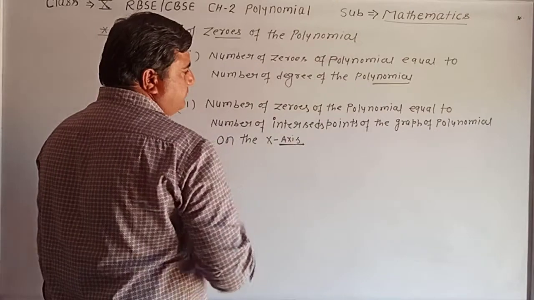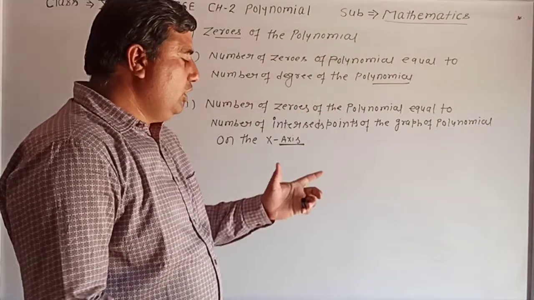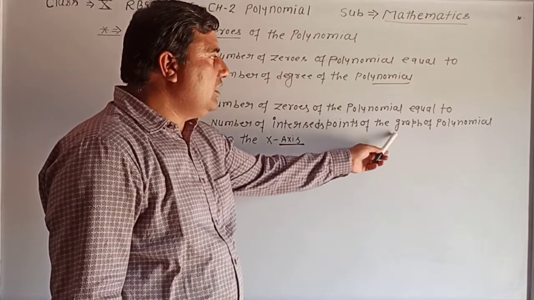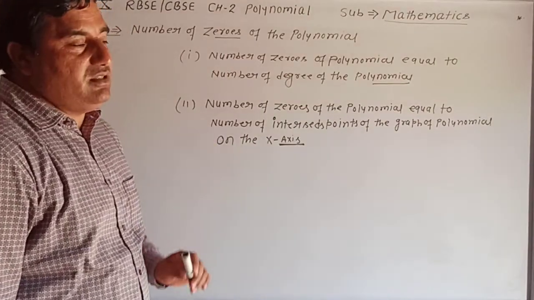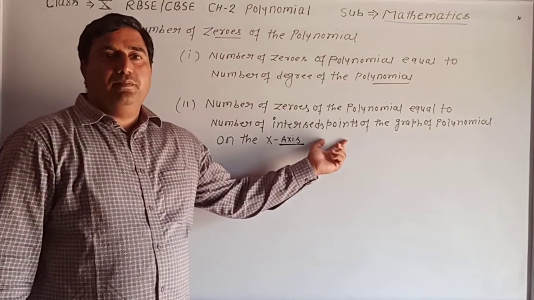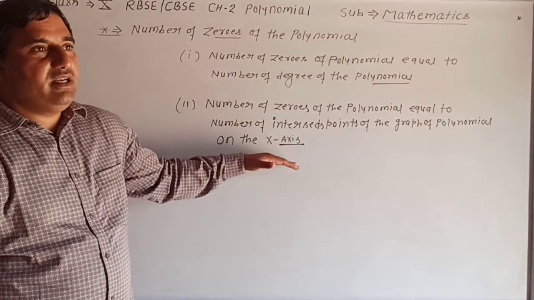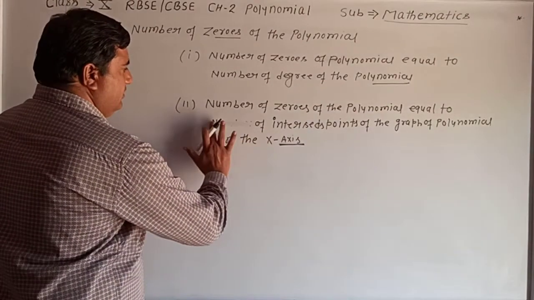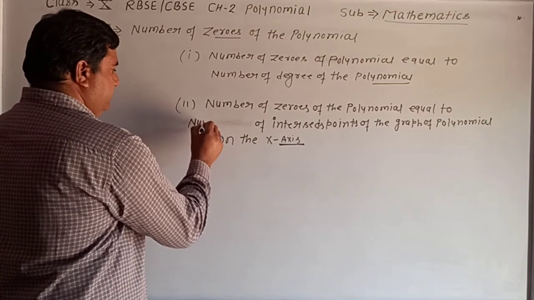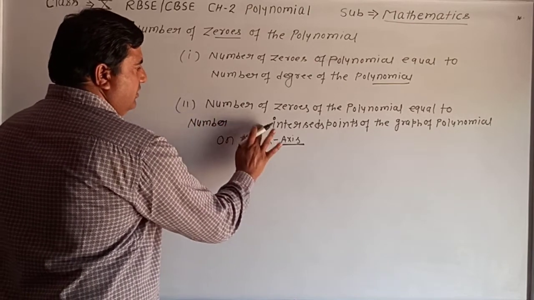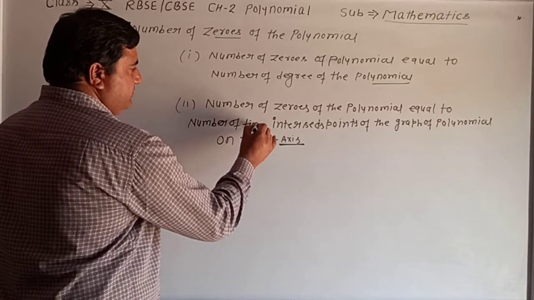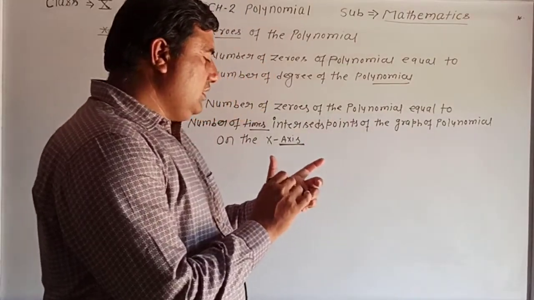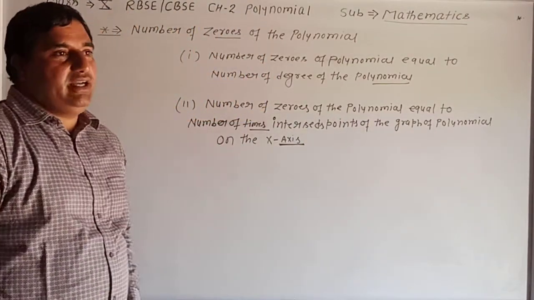The number of zeros of the polynomial equals the number of times the graph of the polynomial intersects the x-axis.